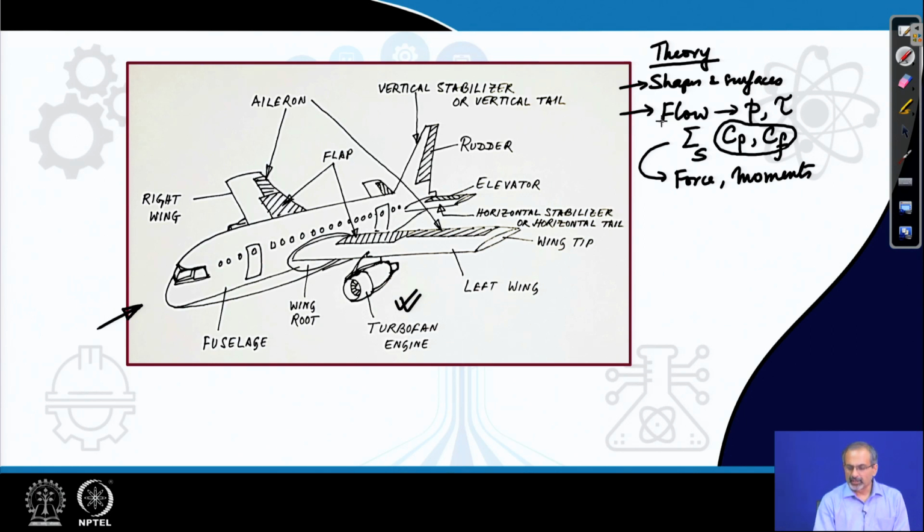If you look deeper into the flow, for example, you can look at it from an Eulerian perspective or a Lagrangian perspective. If you are looking at a particular control volume somewhere in the flow field, then you are essentially looking at how the properties within that control volume are changing over time, while if you are following a particular fluid element over the aircraft, then you are following a Lagrangian approach.